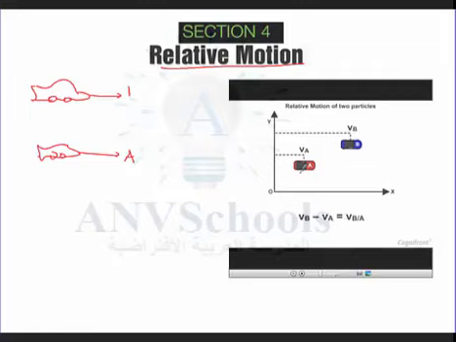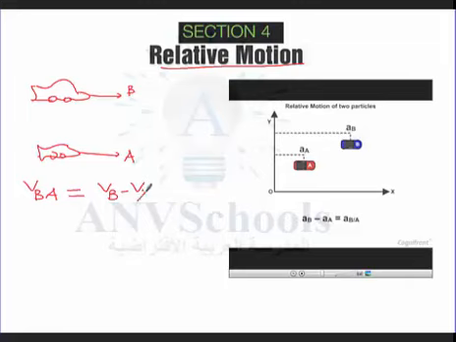Generally, if you have two cars, car A and car B, moving in the same direction, the velocity of car B as observed by an observer in car A is given by the velocity of B minus the velocity of car A.